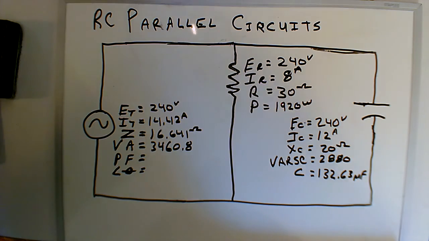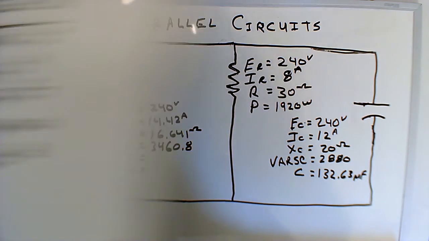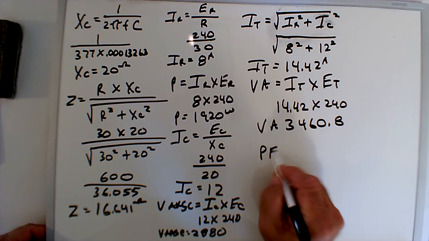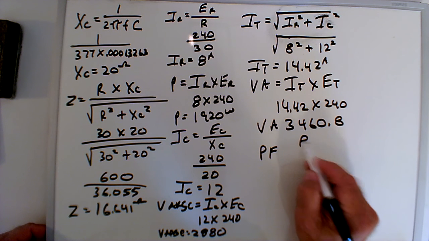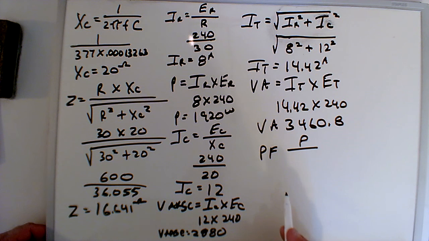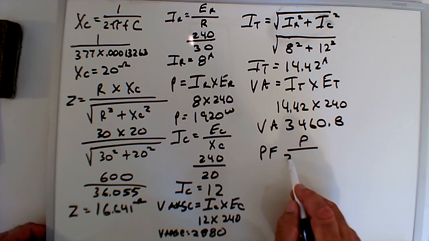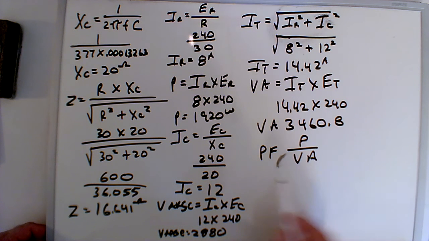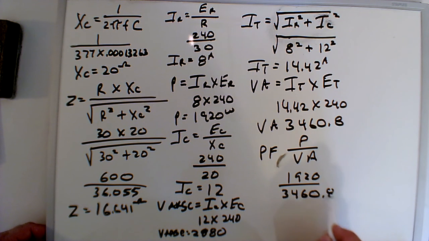3,460.8 VA. Great. Now we can figure out what the power factor is. For power factor, we can use the true power, or P, the wattage, divided by the volts amps, or the VA, or the apparent power. In this case, it is 1,920 divided by 3,460.8.